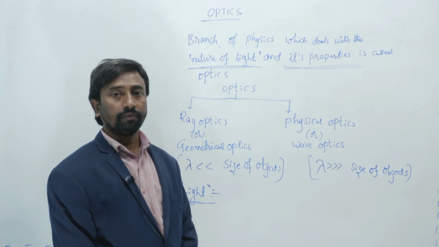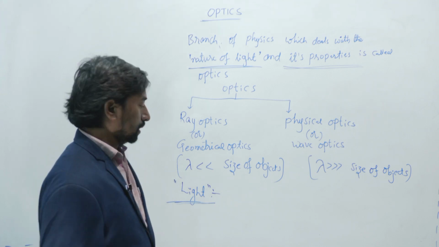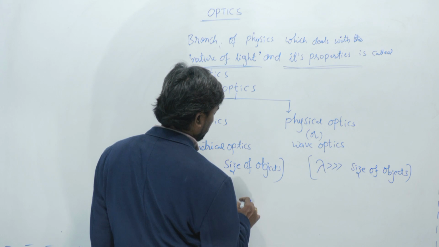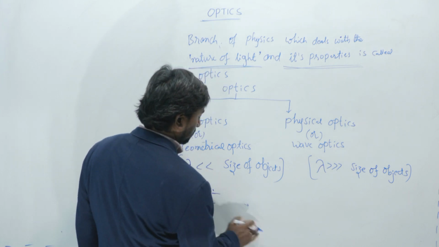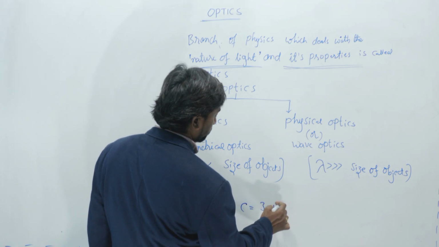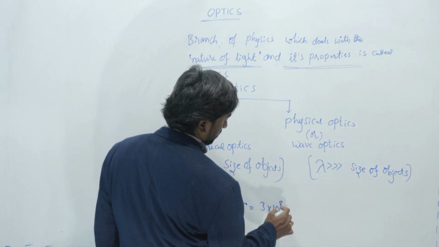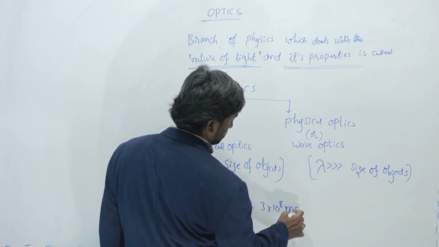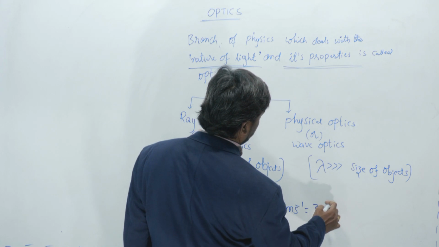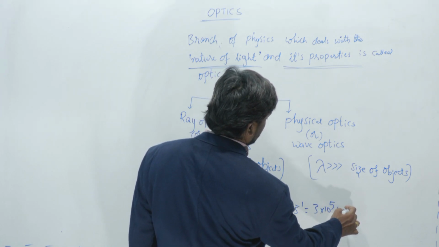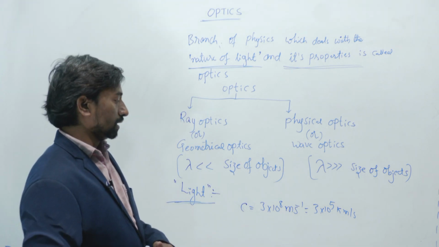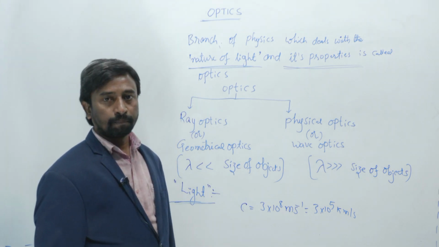With what speed does it travel? Light travels in vacuum or in air, and the speed of light is denoted by the letter c. c equals 3 into 10 to the power of 8 meters per second, or 3 into 10 to the power of 5 kilometers per second, that is, 3 lakh kilometers per second. With that speed it travels in vacuum or in air.